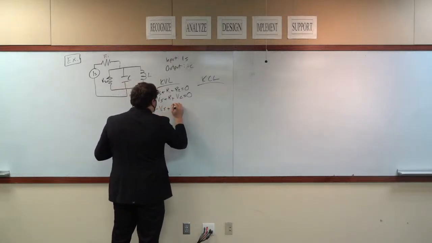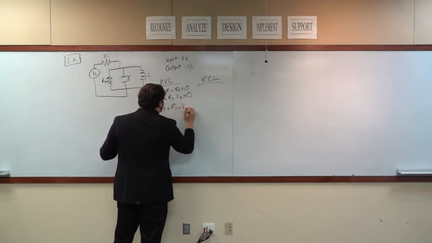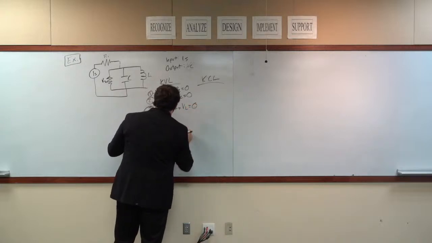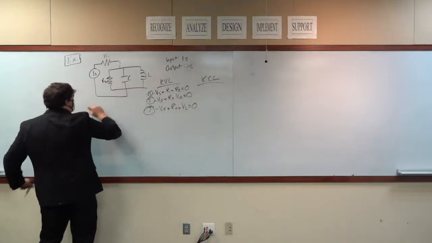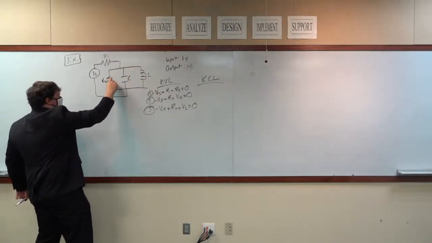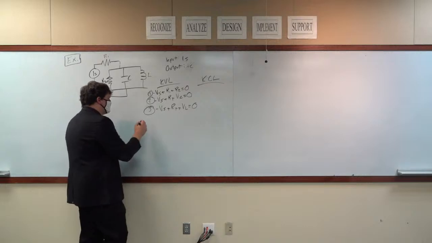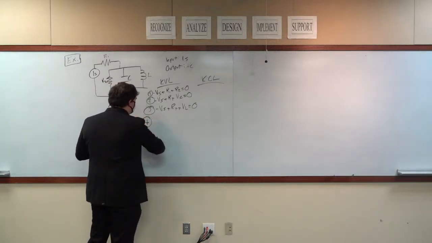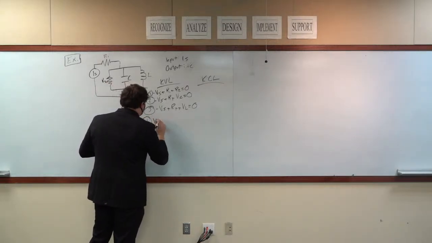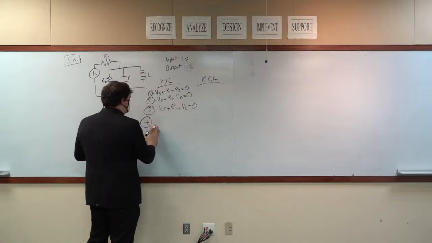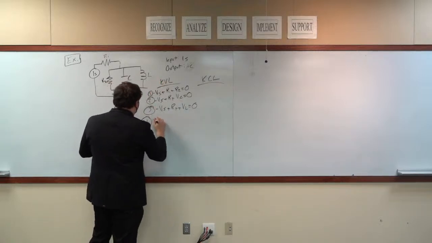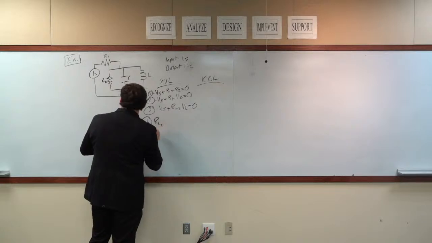Negative Vs plus RT plus VL equals 0. Now, we can also create a loop right here, and a loop right here, and a loop right here. I'm going to label that equation 4, and that one just says that if you combine these three equations, you get RL2.